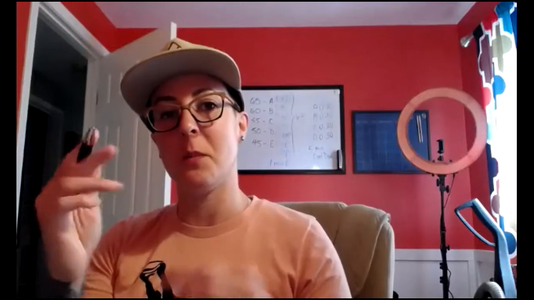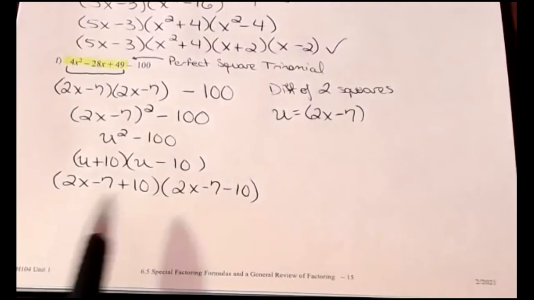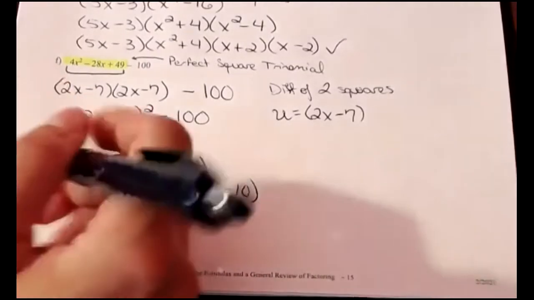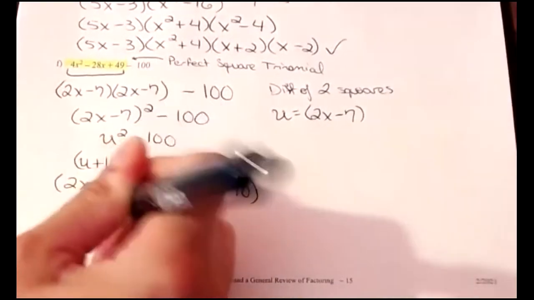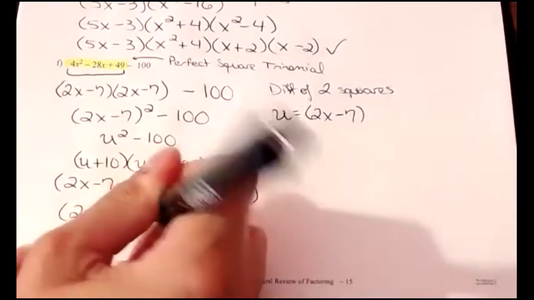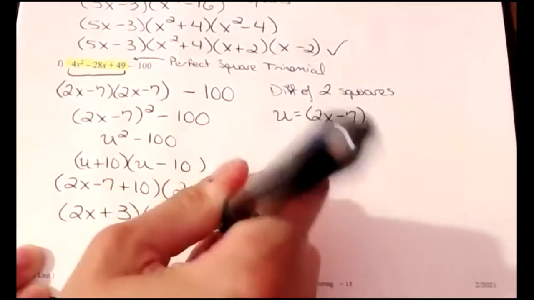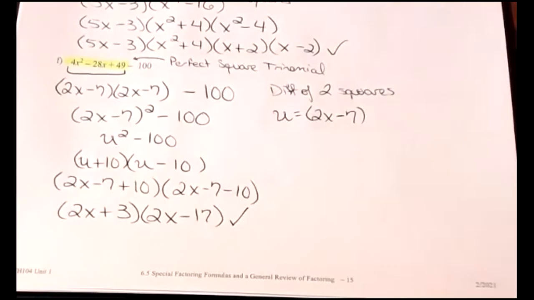If you have to distribute to drop parentheses inside, do it, but please clean it up. You can't just leave it like that. So for instance, when I see my answer here, I'm not done because -7 plus 10 gives us a +3. And then here, I'm not done either because at 2x, we get -7 minus 10, that's a -17. Now I am finished. Now I have factored completely.